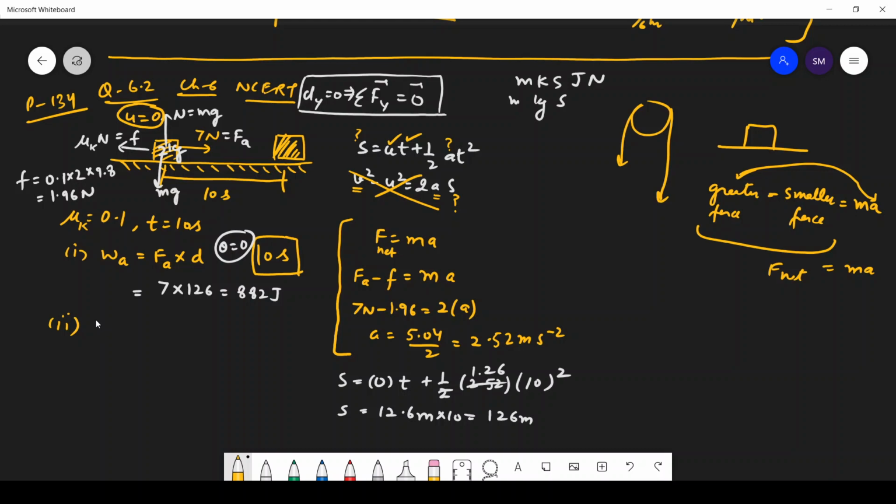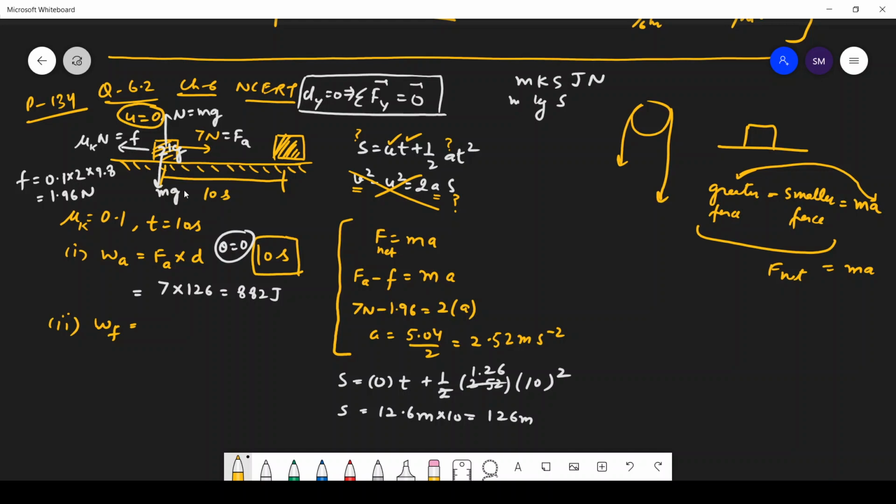Right? Now what is the work done by the friction? Work done by the friction will of course be equal to friction force, and here you have this: how much is the angle between the friction force and displacement?